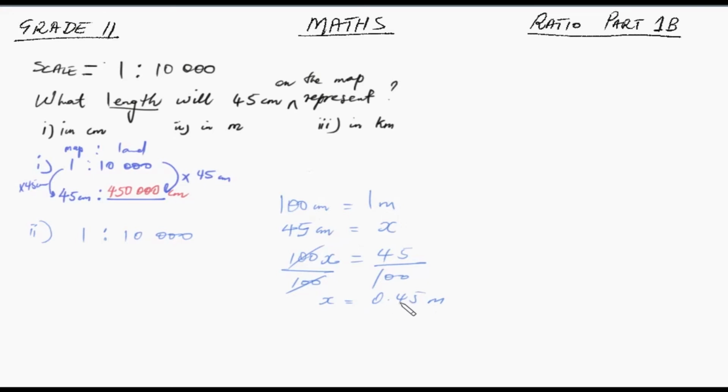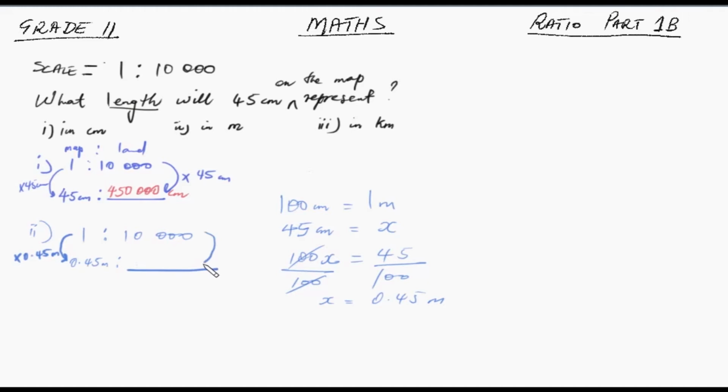Now you come back to the ratio. I have 0.45 meters is to what? I don't know. Let me put a line here because I want us to put in this value. What I've told you is to find out what has happened to 1 to get this. So 1 has been multiplied by 0.45 meters to get this.